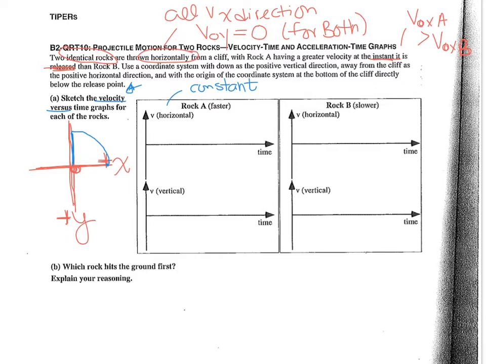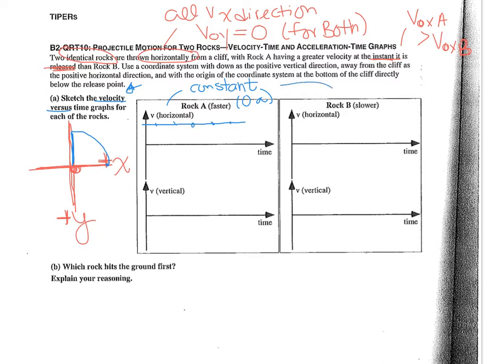The only force acting on them is gravity, so the only acceleration is going to be downwards from gravity. So there's 0 acceleration, a constant velocity. That's what constant velocity looks like on a velocity versus time graph. It means my velocity isn't changing at every second. I have the same velocity.